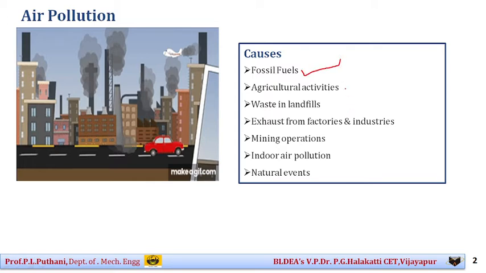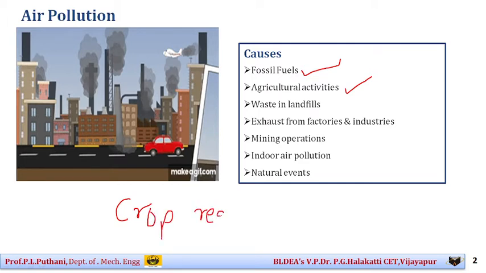Second is agricultural activities. The main agricultural activity contributing to air pollution is this: once the crops are harvested, the crop remains, which we call residues, are left on the land and have to be taken out.